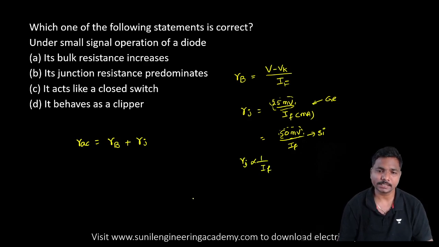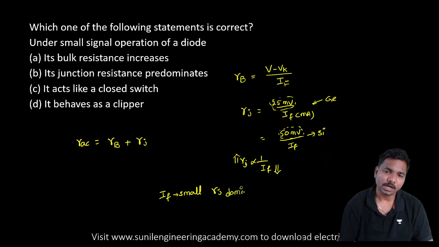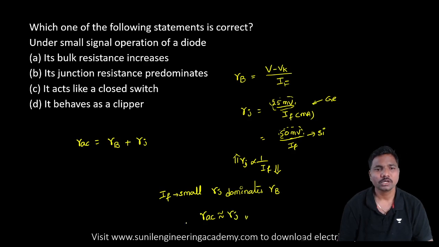For small signal operation, IF is small, which means RJ is more. So RJ dominates the bulk resistance, then RAC is approximately equal to RJ only. So junction resistance predominates for small signal operation.